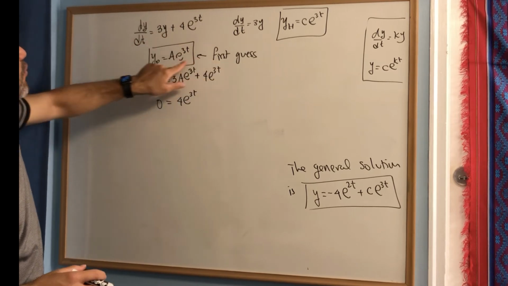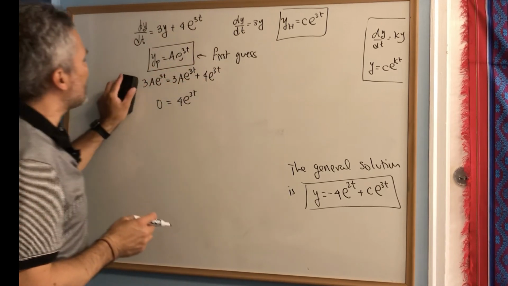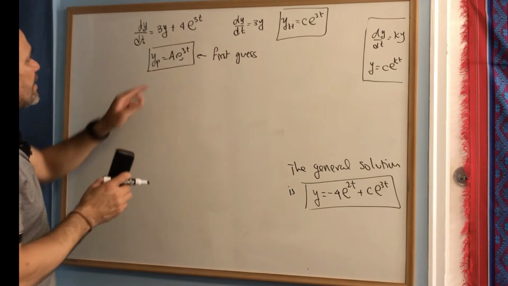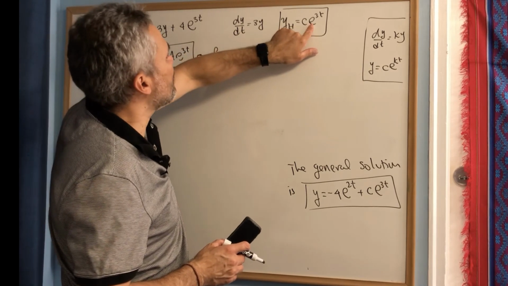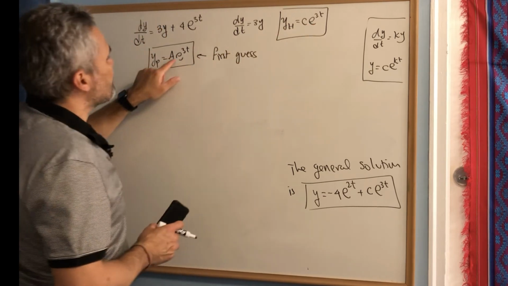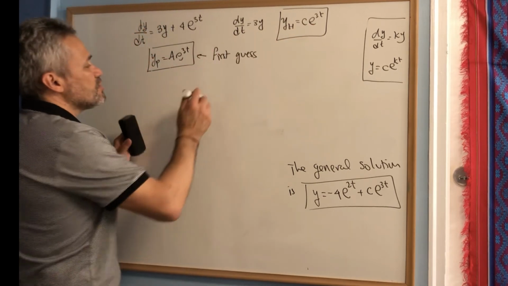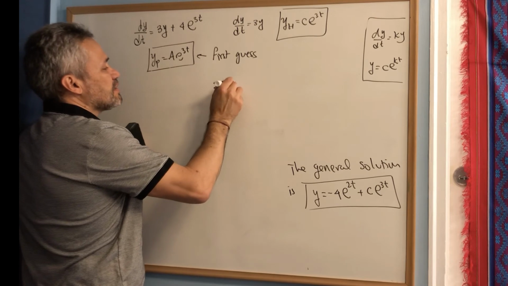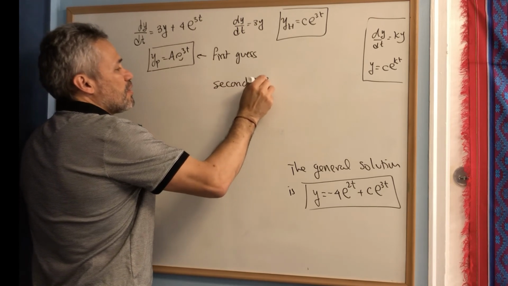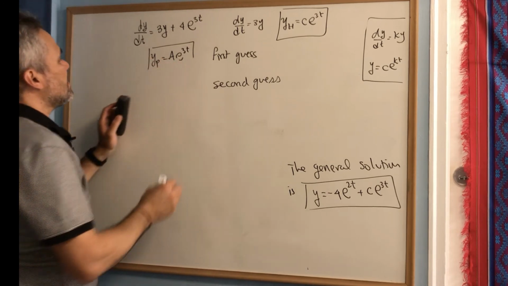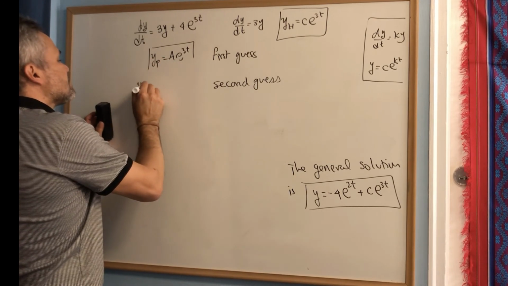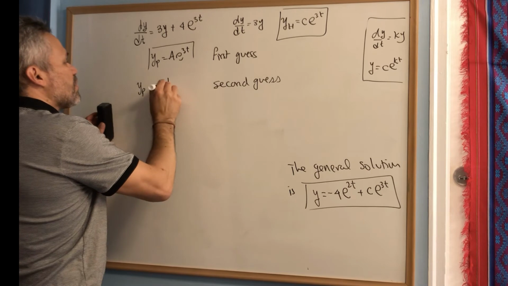But before you try it, you have to decide if that first guess is a multiple of the homogeneous. If it is, you need a second guess. What would be the second guess? The second guess is just the first guess multiplied by t.